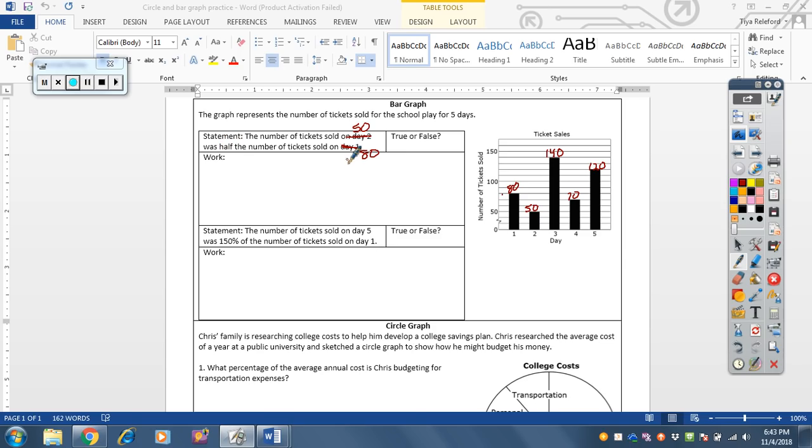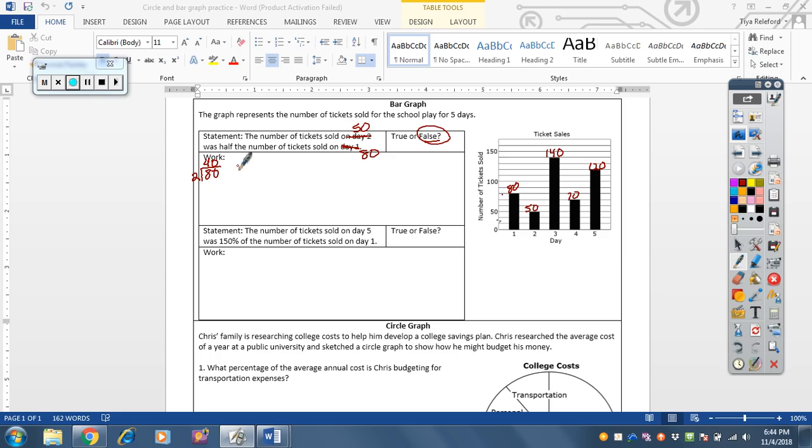Is that true? It's false. Why? Because 80 divided by 2 is what? Yeah, 40. I'm sorry, 40 is half of 80, not 50. 50 is too much.